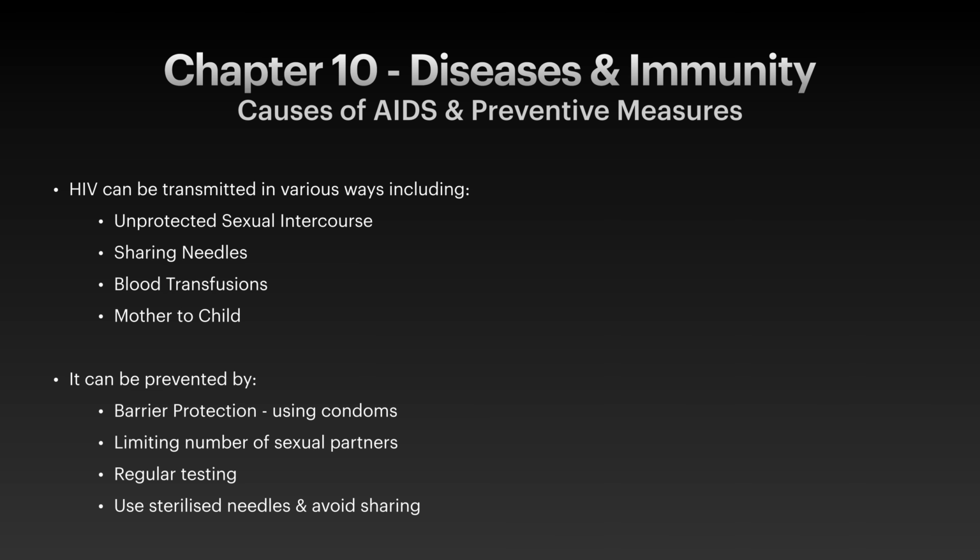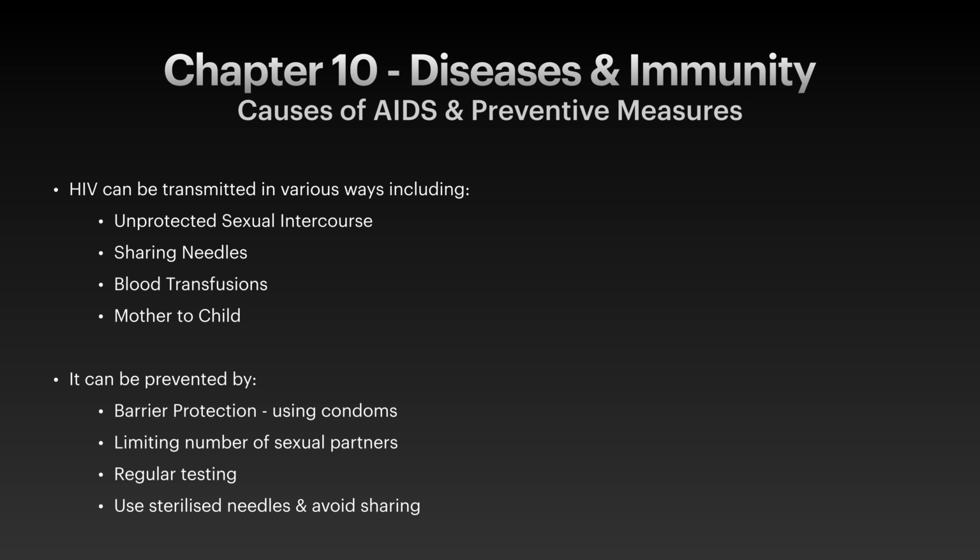How to control the spread of STIs, including HIV? First is barrier protection by using condoms during sexual intercourse, limiting the number of sexual partners, and getting regularly tested if you have had unprotected sex.